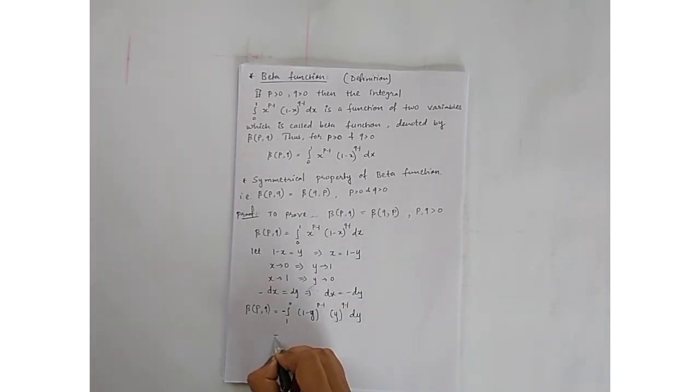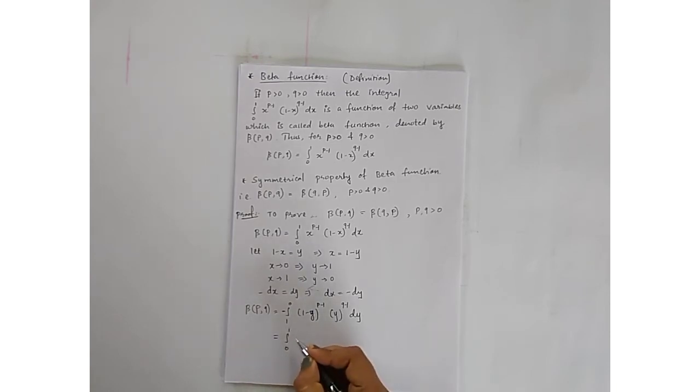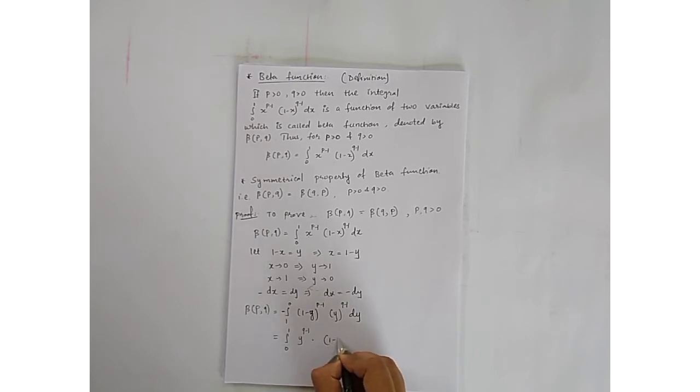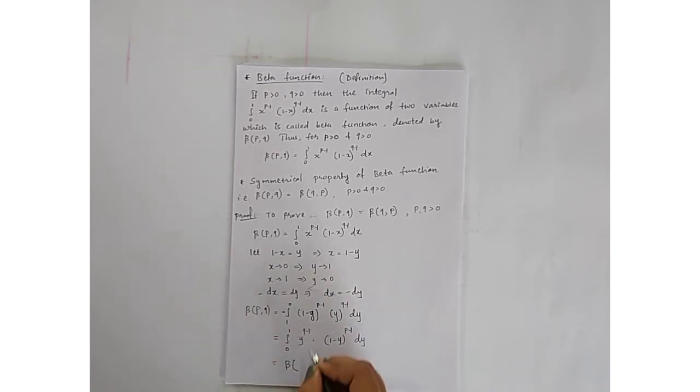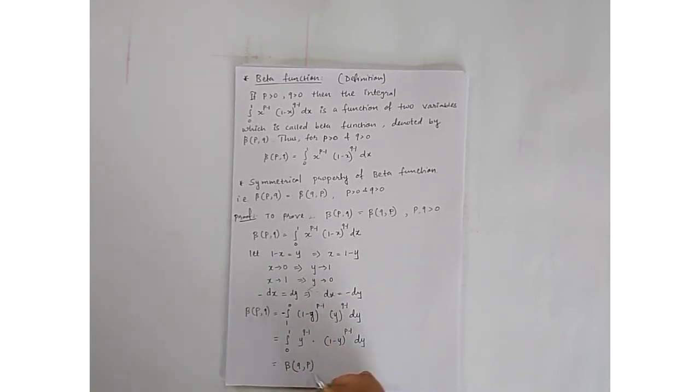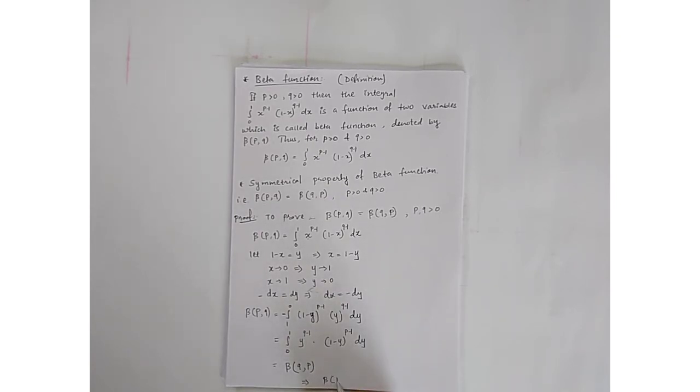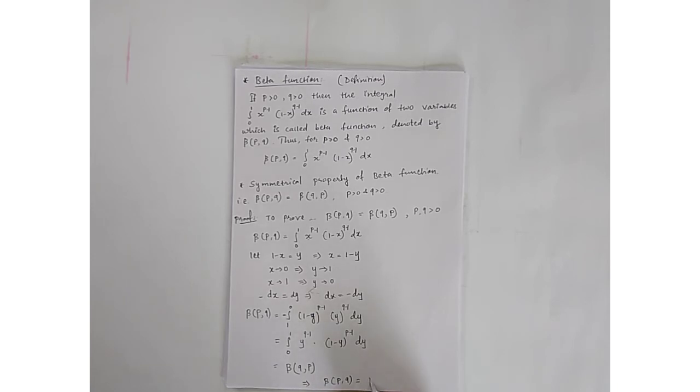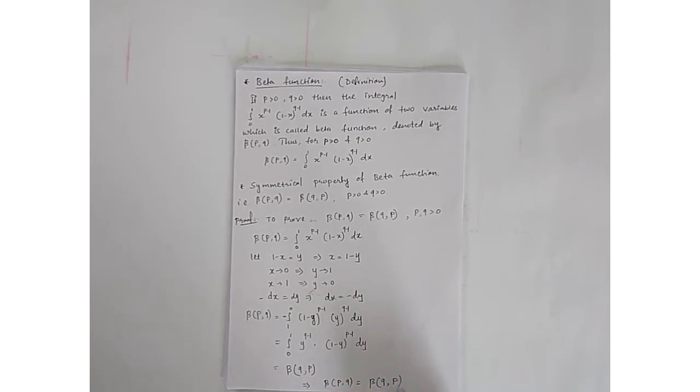So, changing the limits, minus of minus is plus, and we get the integral from 0 to 1 of y to the power q minus 1 into 1 minus y to the power p minus 1 into dy. This is the definition of beta q p. So hence beta p q is equal to beta q p.